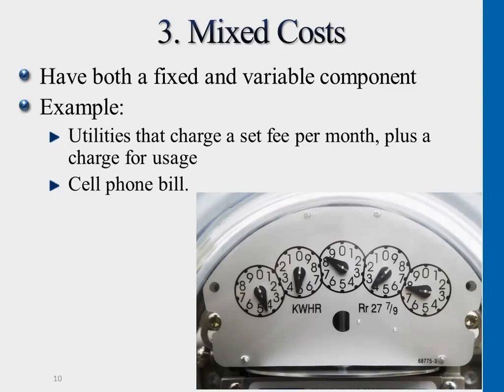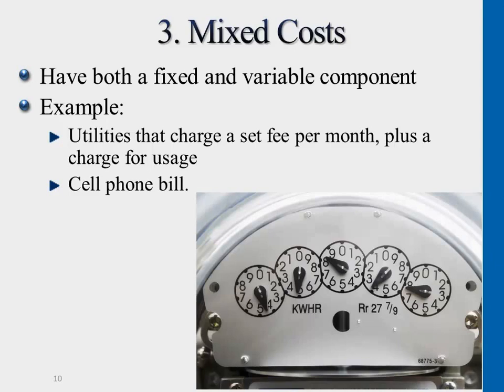So if this is related to 700 minutes, let's say, and this is related to 3 GB of usage, as long as you're within this usage threshold, every single month you'll definitely be charged at least $40, right? So this is a portion that is considered fixed costs. No matter how many minutes you talked on the phone, as long as it's within 700 minutes and you're using data within 3 GB, you will have $40 of cost incurred.